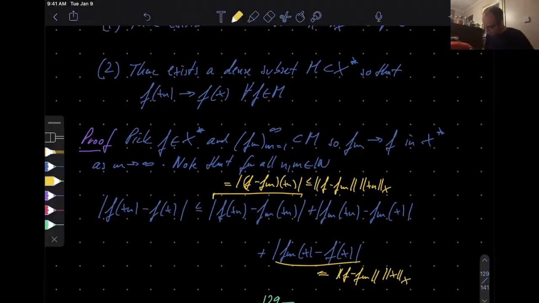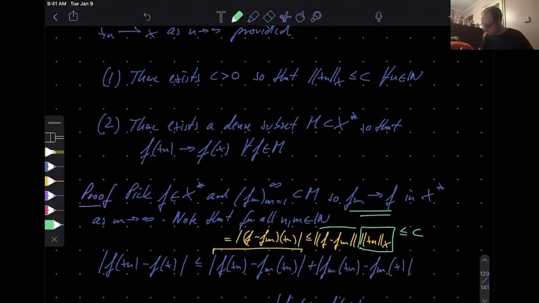And now why do I do this? Well, because I have perfect control over these green underlying things because of this, right? So this goes to 0, and notice here, this is property number 1, says that this can't escape off to infinity, right? It is bounded by this property here, right?